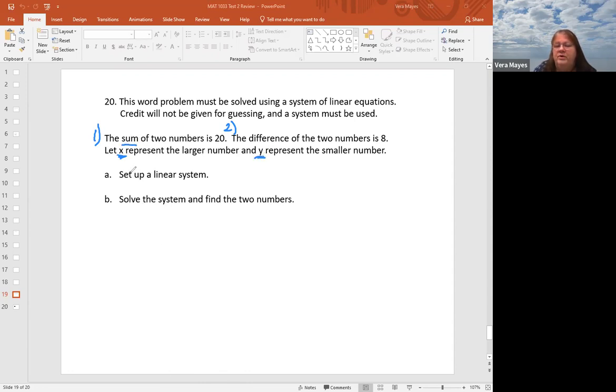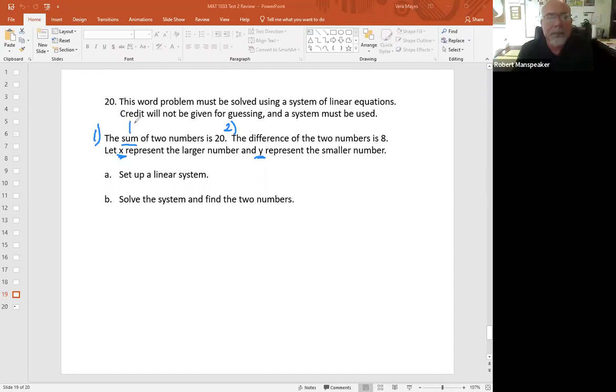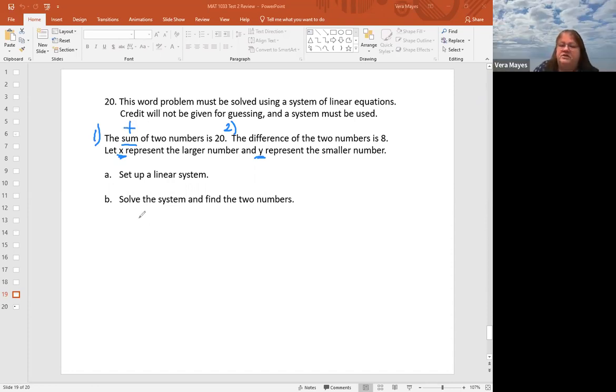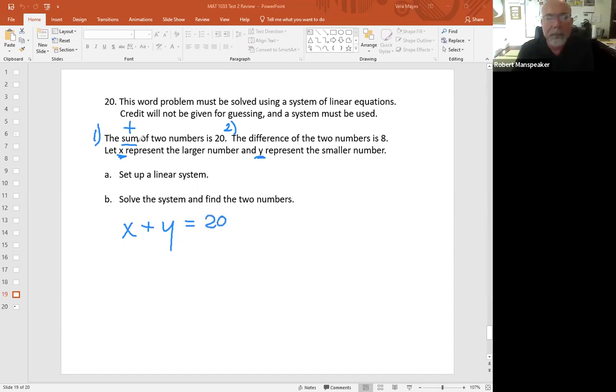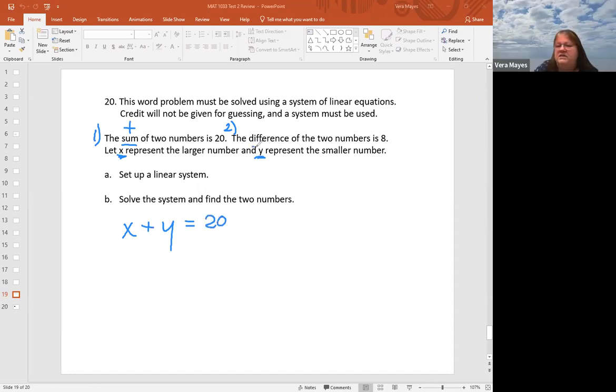You guys told me, what did sum mean to do with the 2 numbers? Add. So we're going to take x plus y, and what are we going to set it equal to? 20. Okay, that's the first equation. The second one says difference.